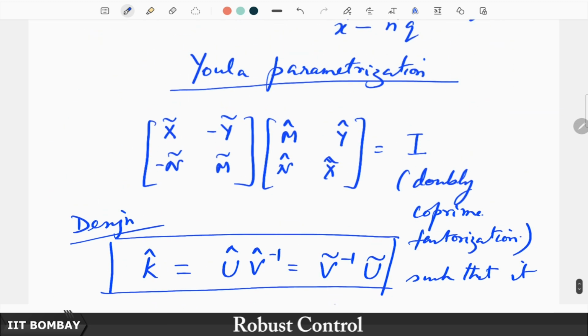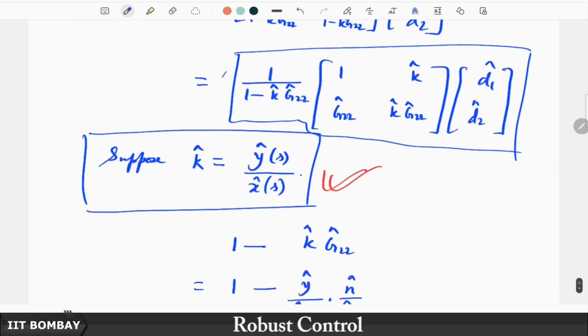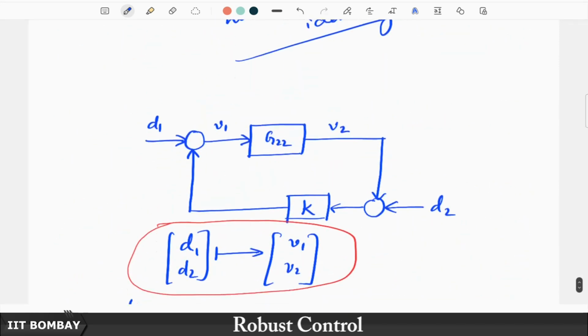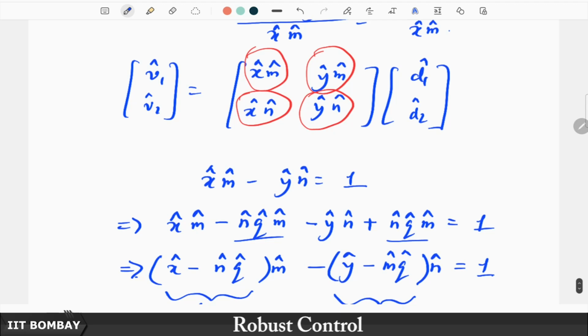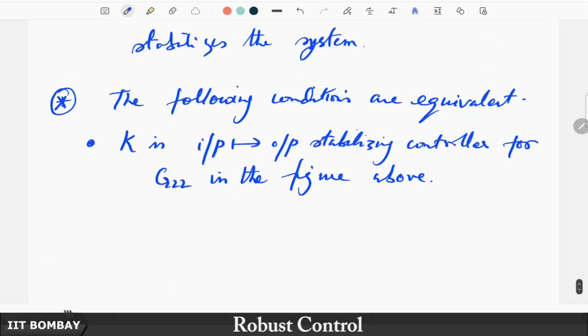By the figure above I mean the very figure which I have drawn right at the beginning of today's lecture, which is this figure. Again, this is not something new, a figure that we have seen so often over the course of the last few lectures. So, essentially this says that if this K is stabilizing this transfer function between D1, D2 to V1, V2, this map, then what is that equivalent to? That is exactly what we are looking to find out.